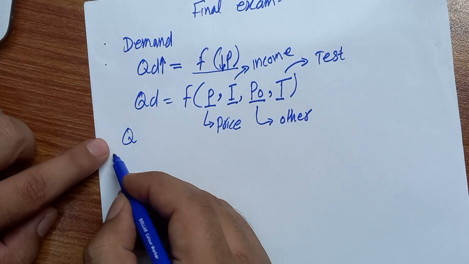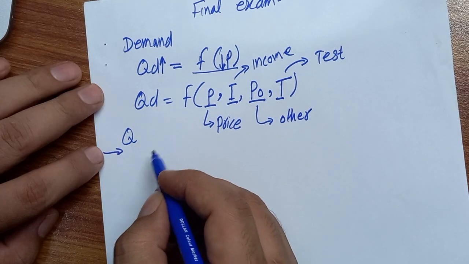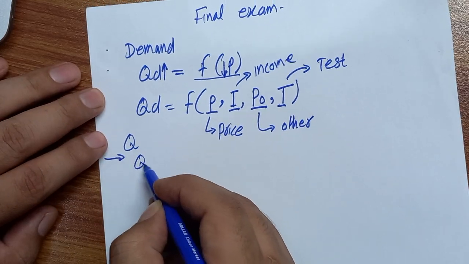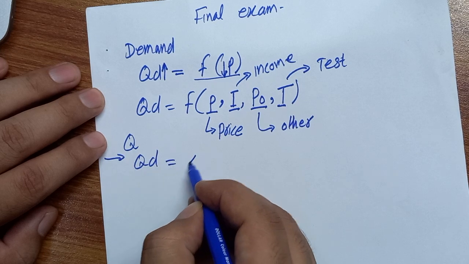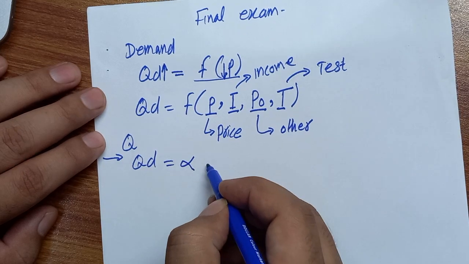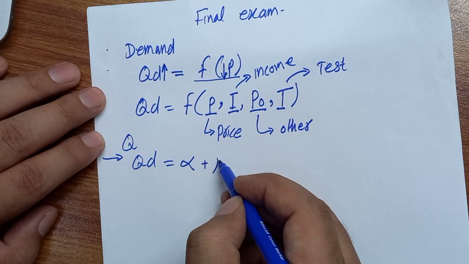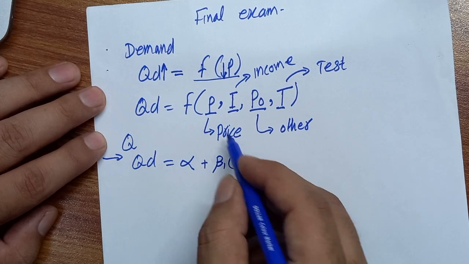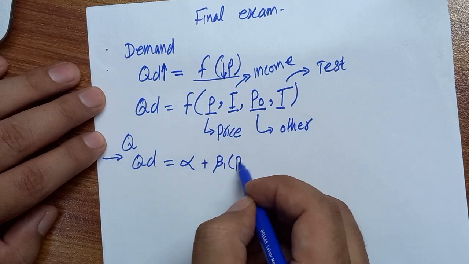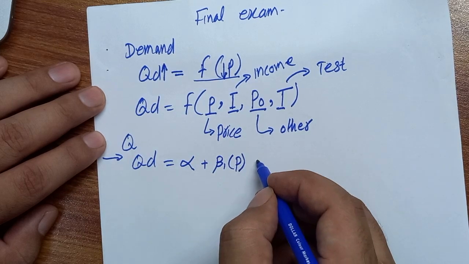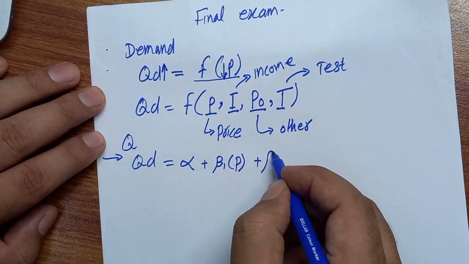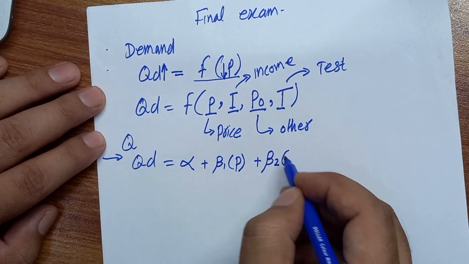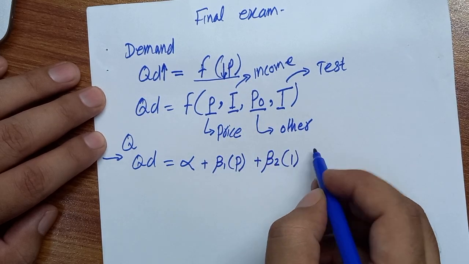So now we use the regression analysis. QD is equal to alpha, which is constant, plus beta 1, and we will use this factor, price factor. We use beta 2, which is income factor.